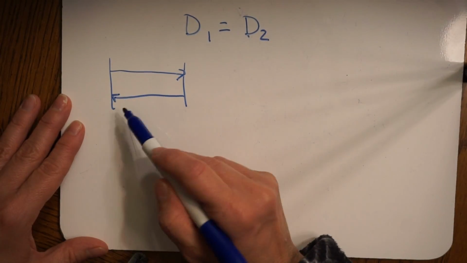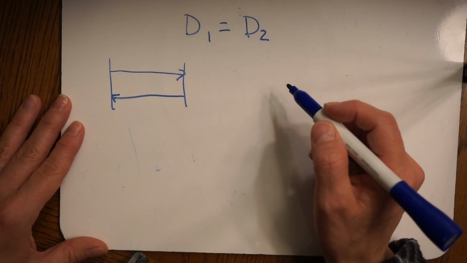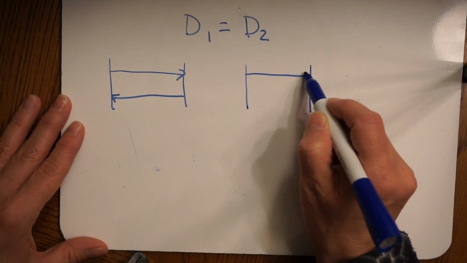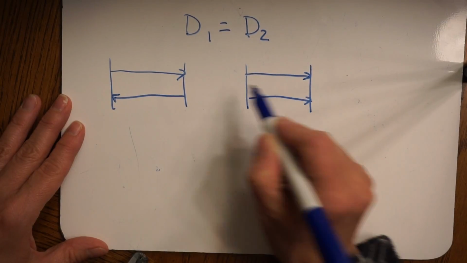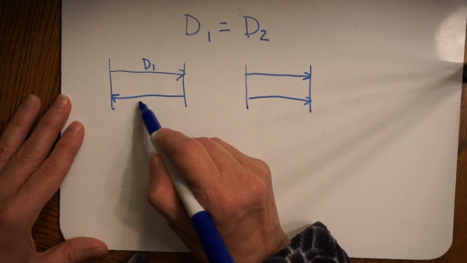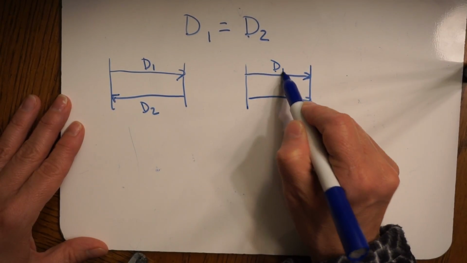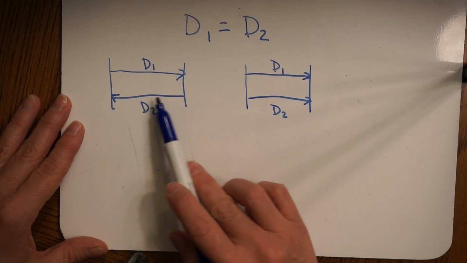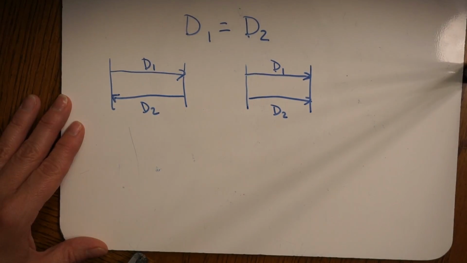And that distance that they cover is exactly the same. Or it could be two people start off and they cover the same distance. In this case, this would be distance 1, this is distance 2, same thing here. But you can see from these diagrams that distance 1 is equal to distance 2 in both of these.